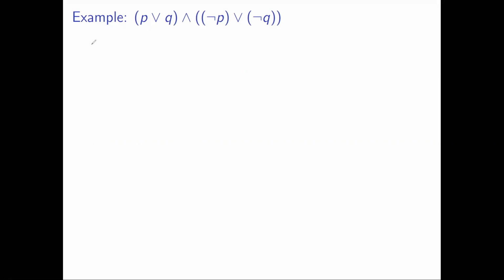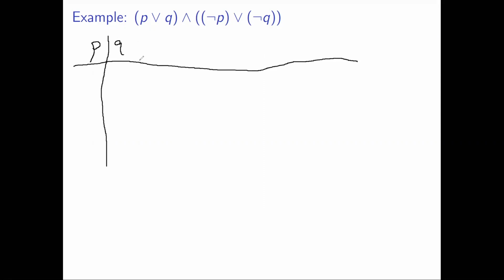First, we'll have the columns for our propositional variables P and Q. Then we need a column for their negations, not P and not Q.